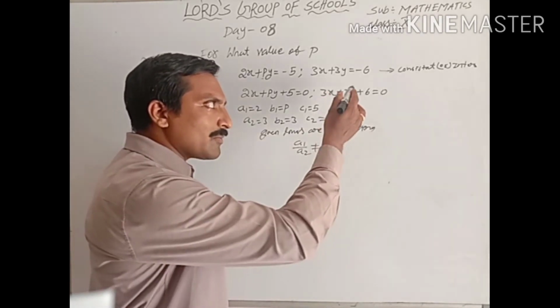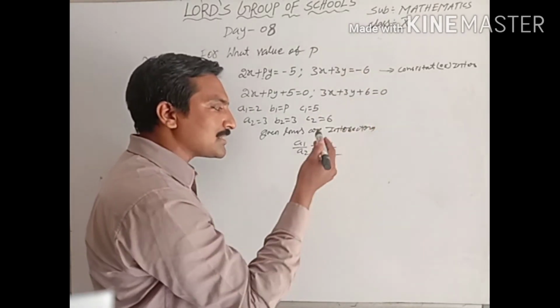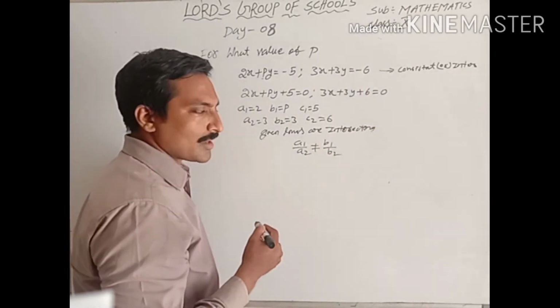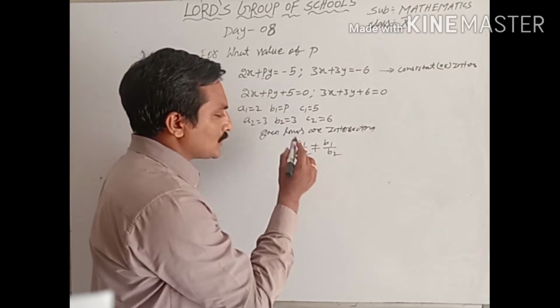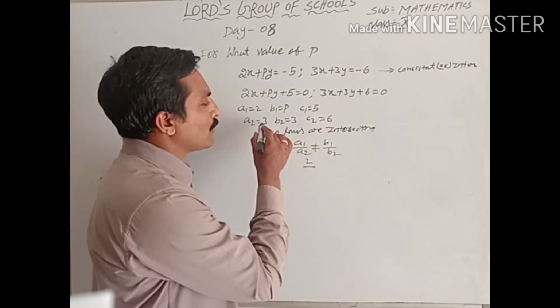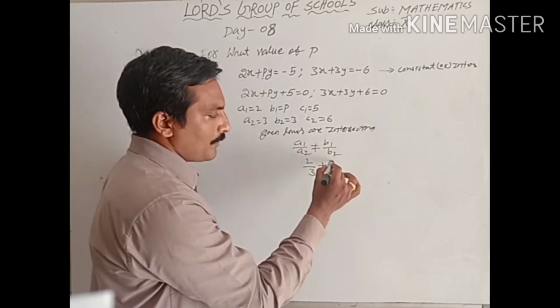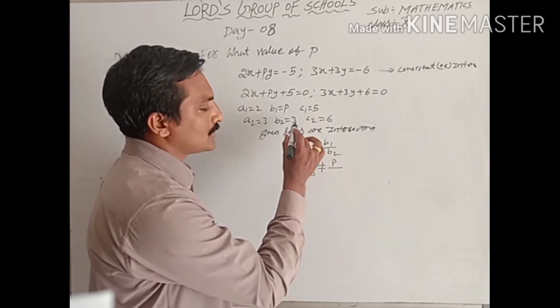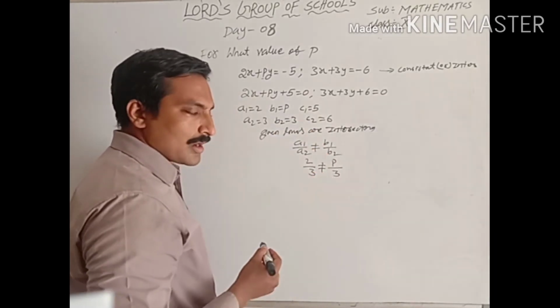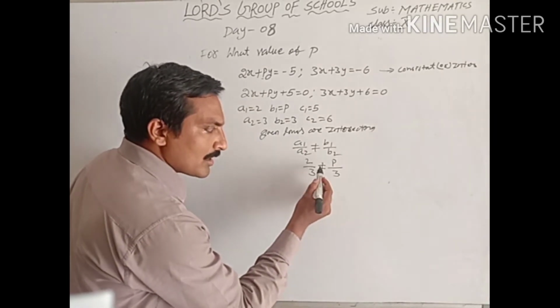Because in the problem it only said these are consistent lines, that time you have to write the condition. a1 is 2, a2 is 3, not equal to b1 is P, b2 is 3. Now simply, you have to observe not equal only.